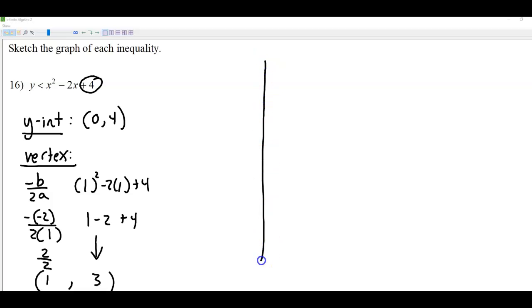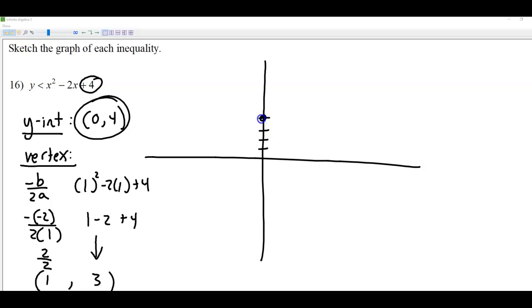So we're going to plot those points. 0, 4, 1, 3. And since a is a positive number, that means we have a happy face parabola. So it's going to look something like this.